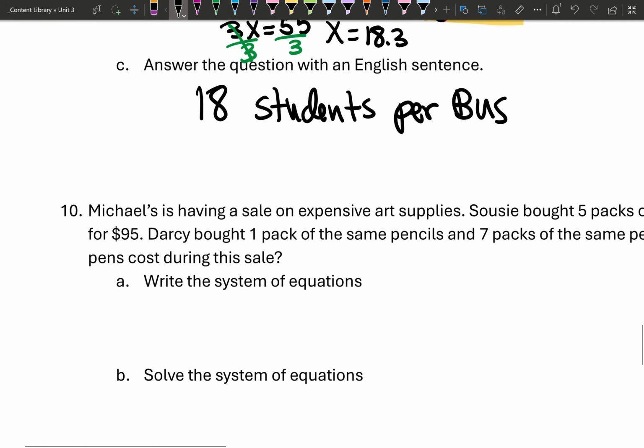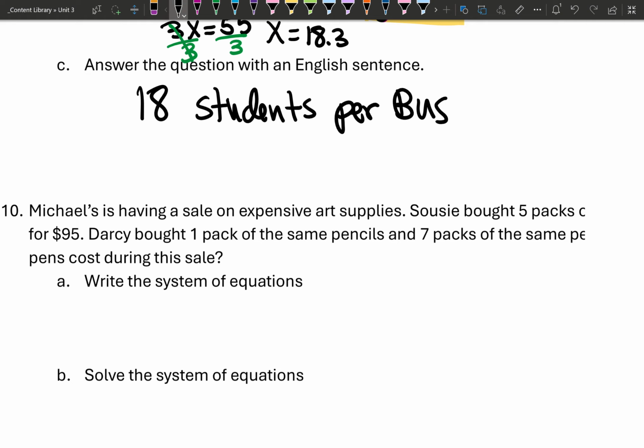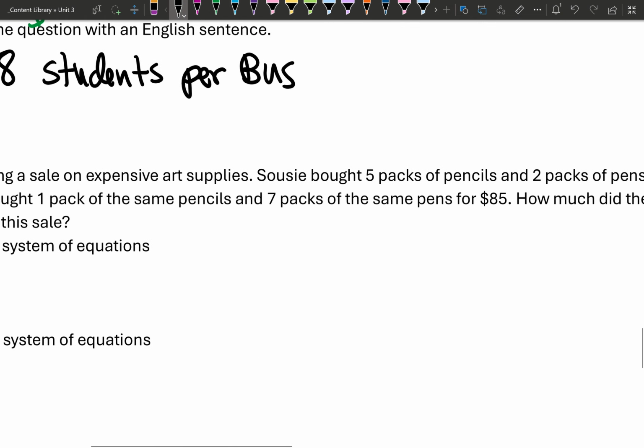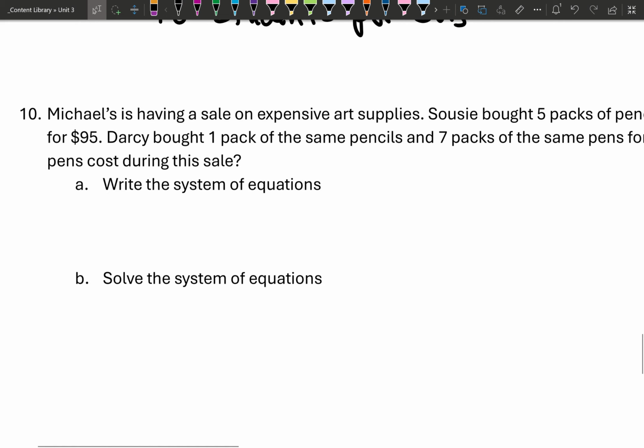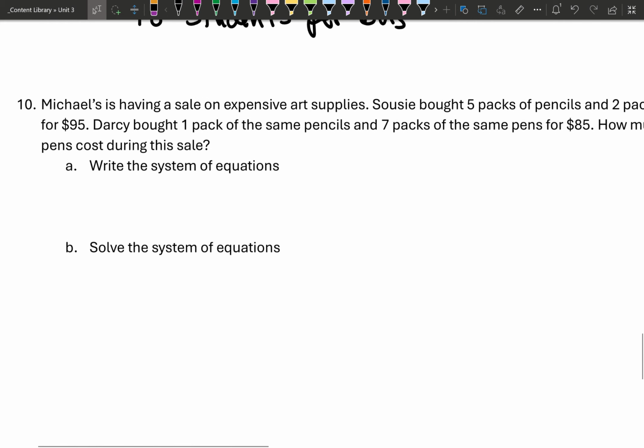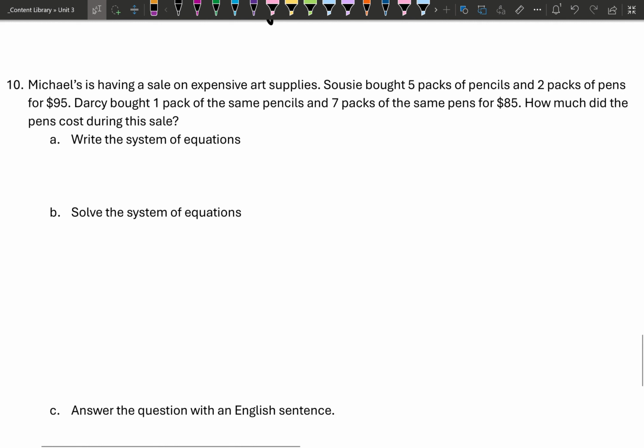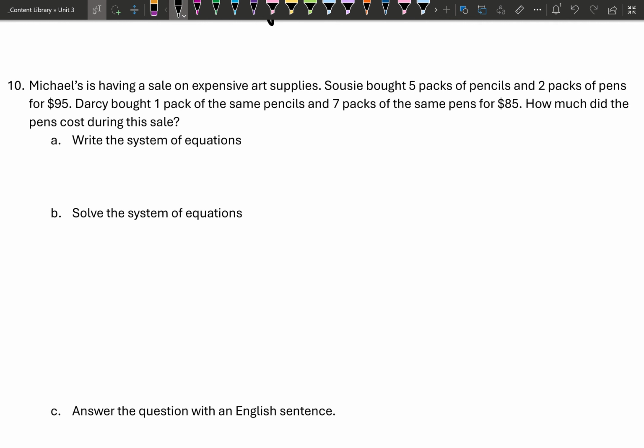Let's do this last one. Michael's is having a sale on expensive art supplies. Susie bought 5 packs of pencils and 2 packs of pens for $95. Darcy bought 1 pack of the same pencils and 7 packs of the same pens for $85. How much did the pens cost? All right. X is cost of pencil.